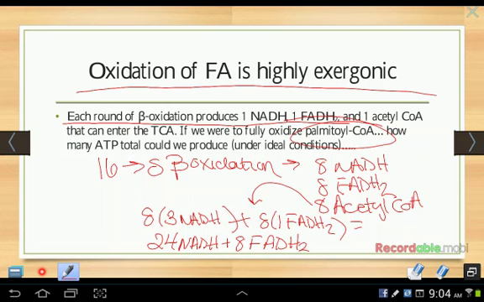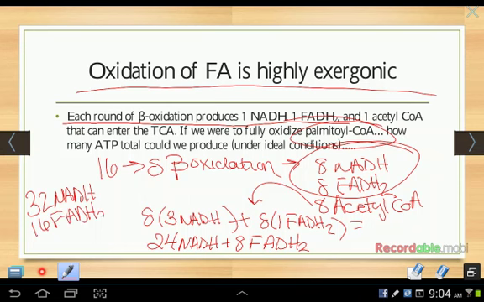So if we add these in, right, then we are going to have 32 NADHs, 16 FADH2s, okay? Now remember, each round in the citric acid cycle, we also produce a GTP, which can then be converted to ATP.